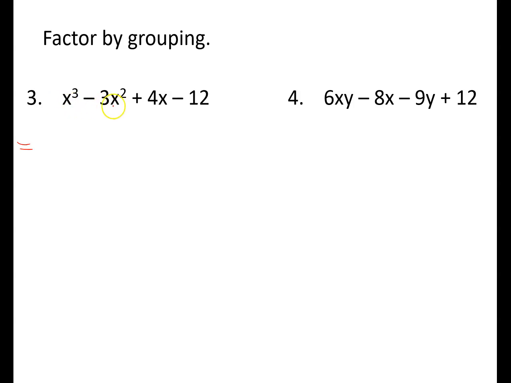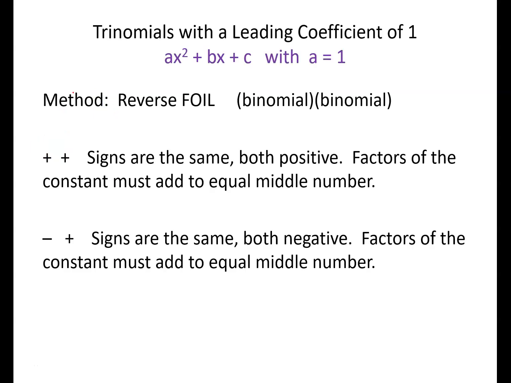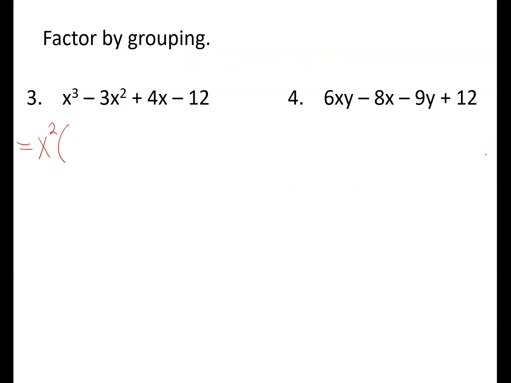But they both have x, and the smallest exponent is 2. So we're going to factor out x squared, and we're going to open, and we're going to divide each of those by x squared. So x cubed divided by x squared is x, and -3x squared divided by x squared is -3. Close. So you just factor the GCF out of the first 2.